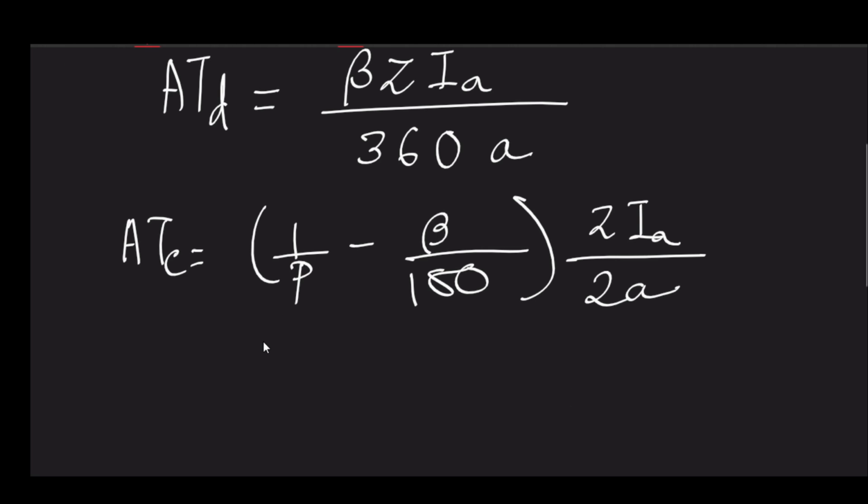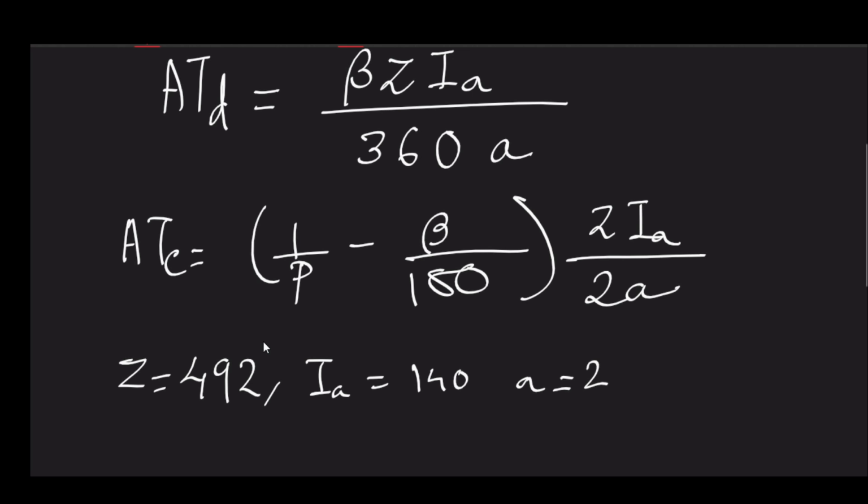The total number of conductors is given: Z is equal to 492, IA is equal to 140, A is equal to 2.